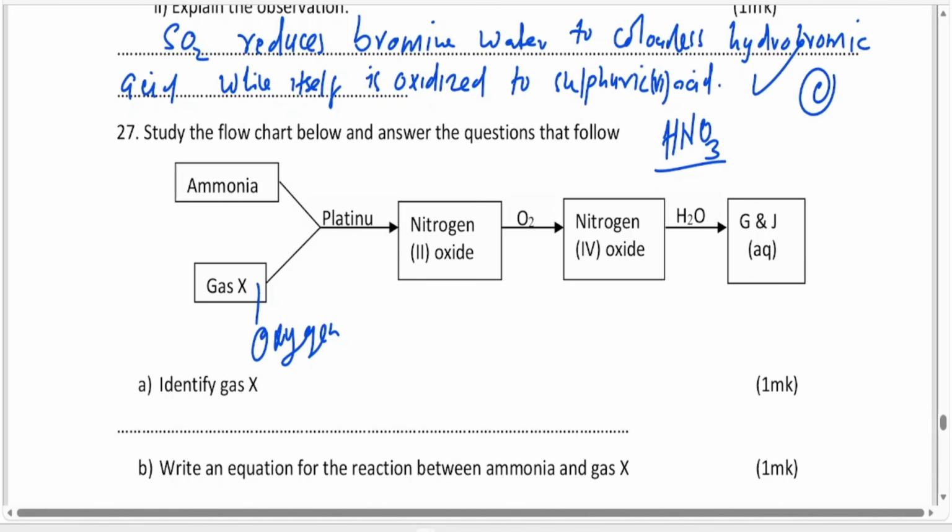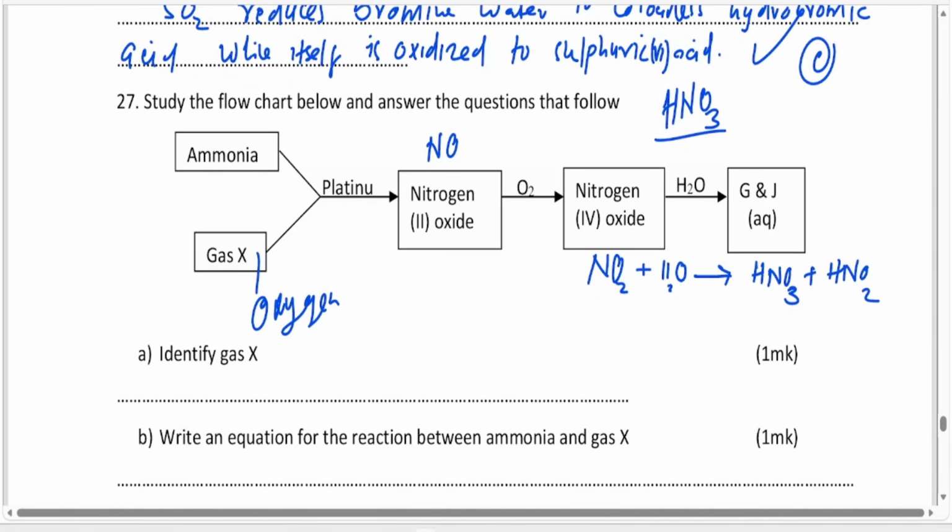Nitrogen 2 oxide reacted with oxygen to give us nitrogen 4 oxide. And then nitrogen 4 oxide is reacted with water. And as we know, we always obtain 2 acids, nitrous acid and nitric 5 acid. And that's where we have G and J. So identify gas X. Gas X is oxygen gas. One mark.